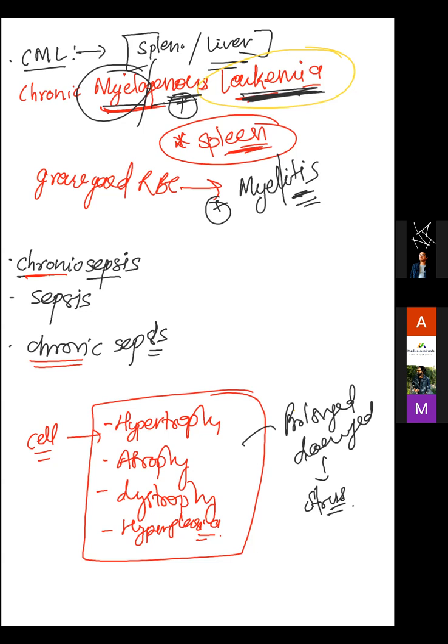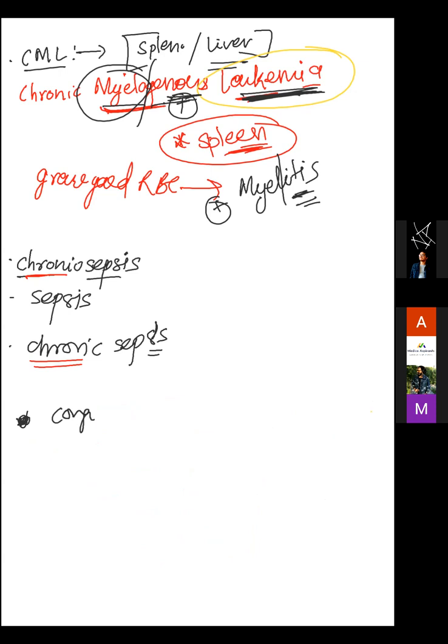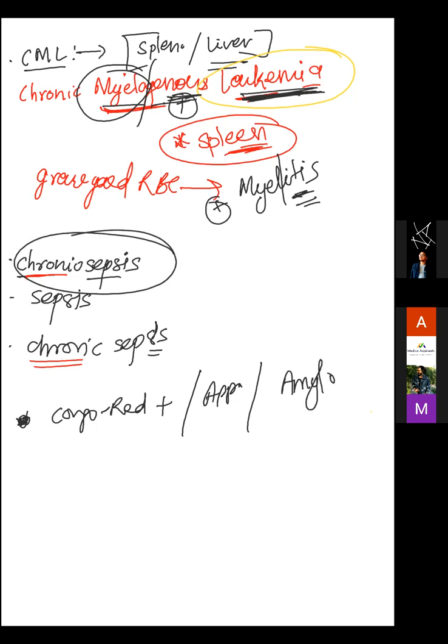Whenever you see it, like an easy thing in pathology, how can you solve it? In pathology, the first thing you have to see is whether there is anything you remember, like amyloidosis, or it will be Congo red positive, apple green birefringence, or the question will clearly mention amyloidosis, because of renal failure.